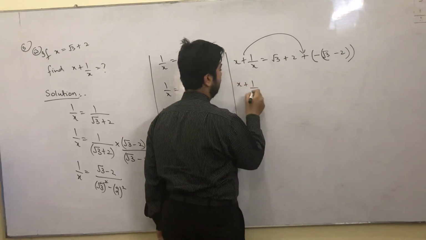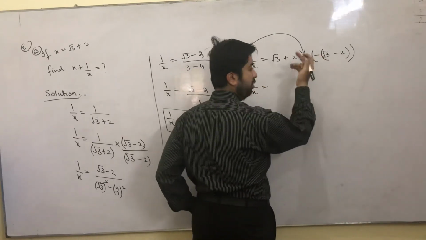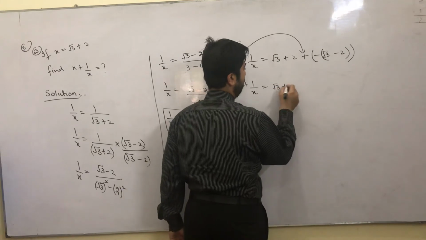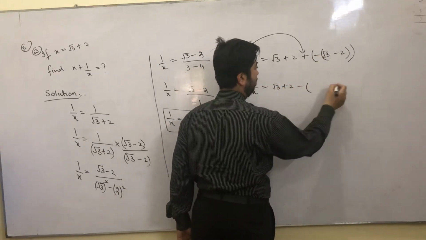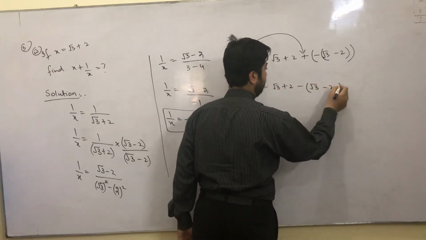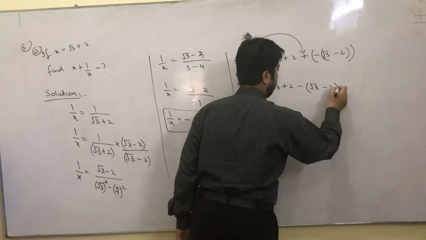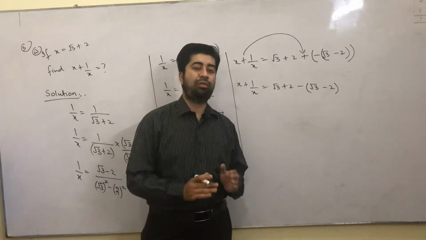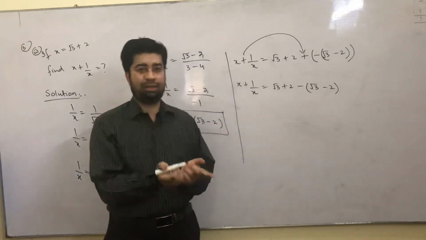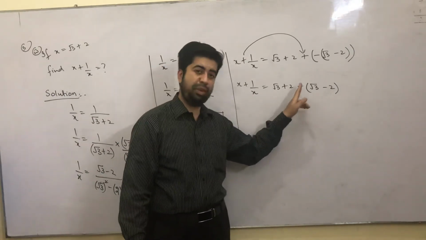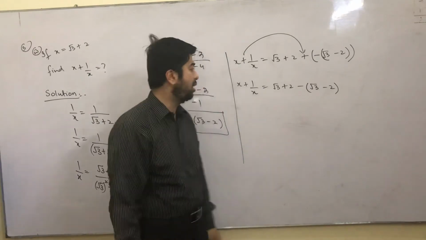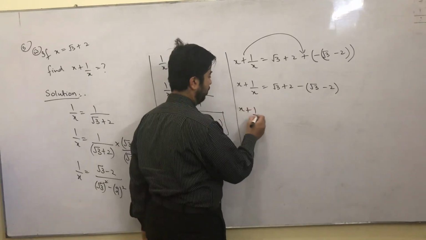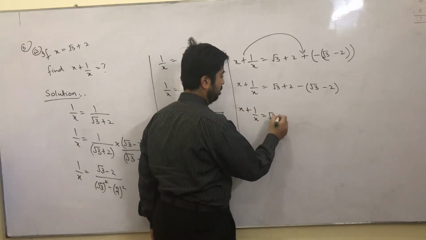You know that positive multiplied by negative is negative. So square root 3 plus 2, that is minus. After that there is a bracket. After the minus sign, you must do every operation within brackets, because this minus sign must affect everything inside the bracket. So x plus 1 over x is equal to square root 3 plus 2.